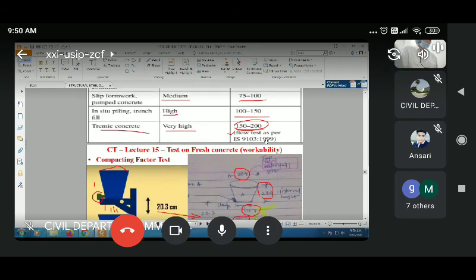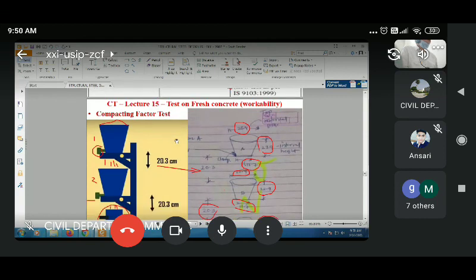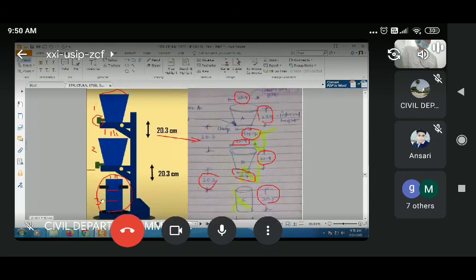The flow test is carried out as per IS 9103:1999. The second test on workability, you have seen, is the compacting factor test. The apparatus consists of 3 hoppers, and the dimensions of the 3 hoppers are given. You put the concrete over the top hopper, and then the trap is removed for the first hopper, the concrete falls to the second hopper, then again the trap is removed for the second hopper, and the concrete falls freely to the bottom cylinder.